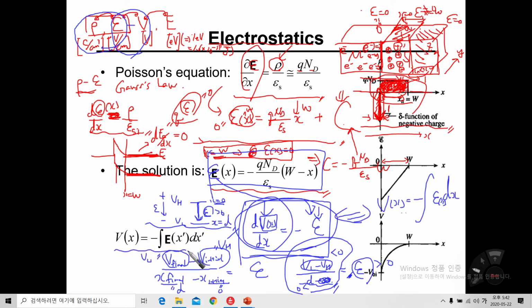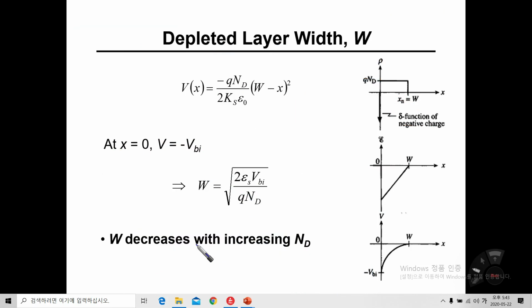So I have written down here E(x) dx, but all right. Then now you can solve it by yourself, I guess. Instead of x, I have used x prime because x prime is the variable when solving this integration, but the final values should be associated with x itself.